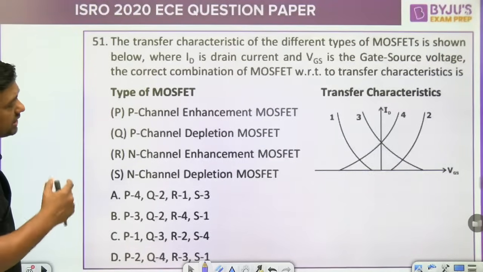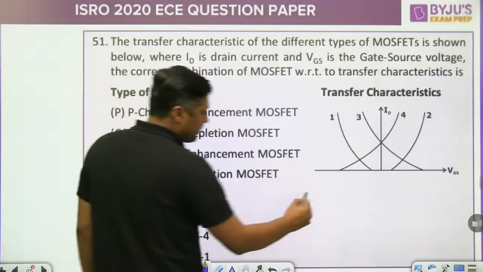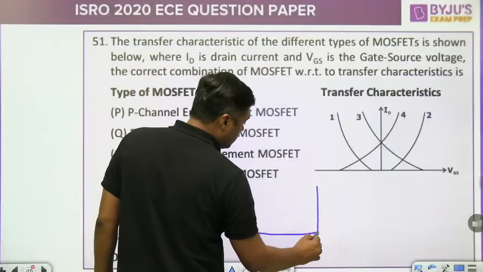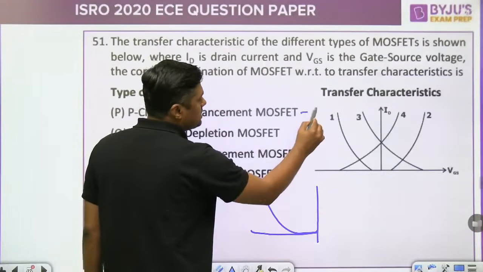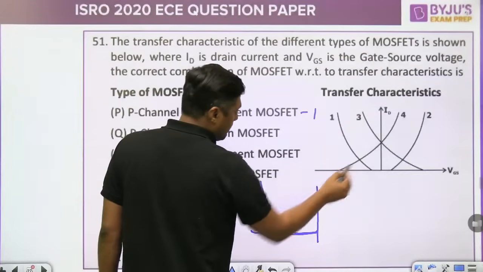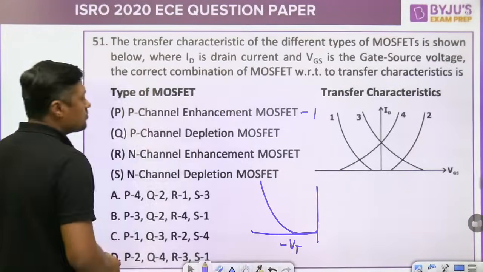In case of P channel, we are giving the negative gate voltage, and it will start from this portion. Enhancement MOSFET means negative. That is the 1 relevant to this, and we are having the negative threshold voltage, minus VT, for P channel enhancement MOSFET.